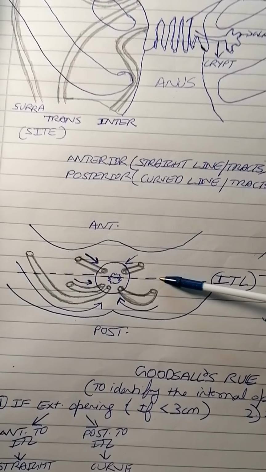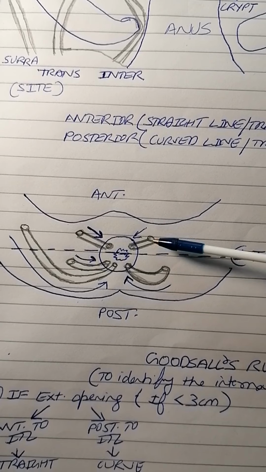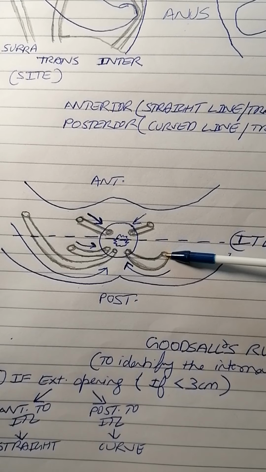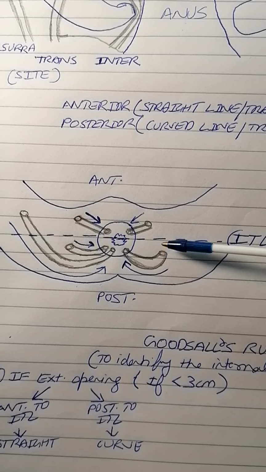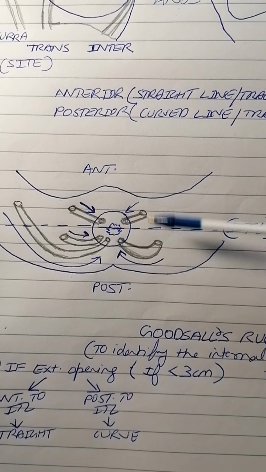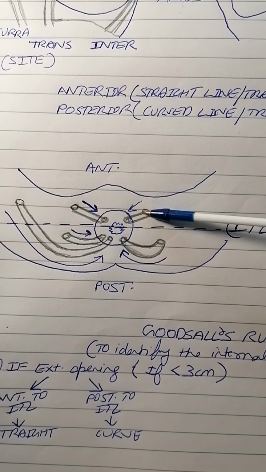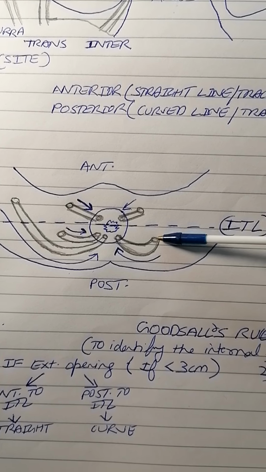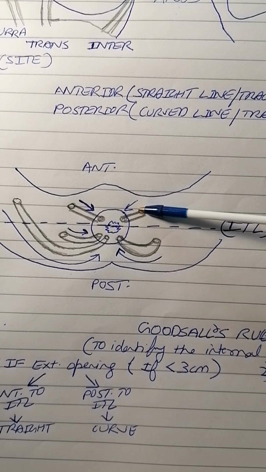So in this diagram you can see here's the external opening, here's the skin of the patient. Here you can see the fistula, and this fistula is going inside near the anal region. Here's another fistula. This one is the external opening, this one is the external opening. These are the external openings in the skin.